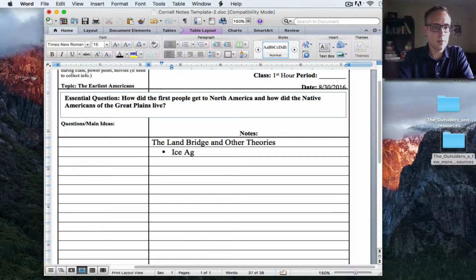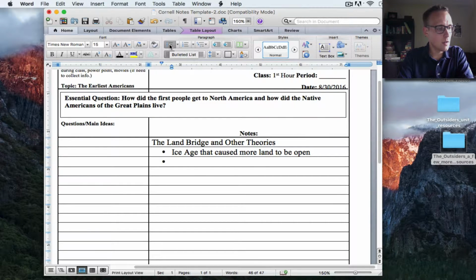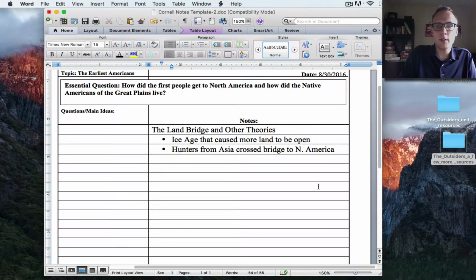So, for example, there was an ice age, and it caused more land to be open. And we could say hunters from Asia crossed the land bridge to North America. You can put some of the other ones if you want, but I think that's probably the most important ones to include. So let's move on.